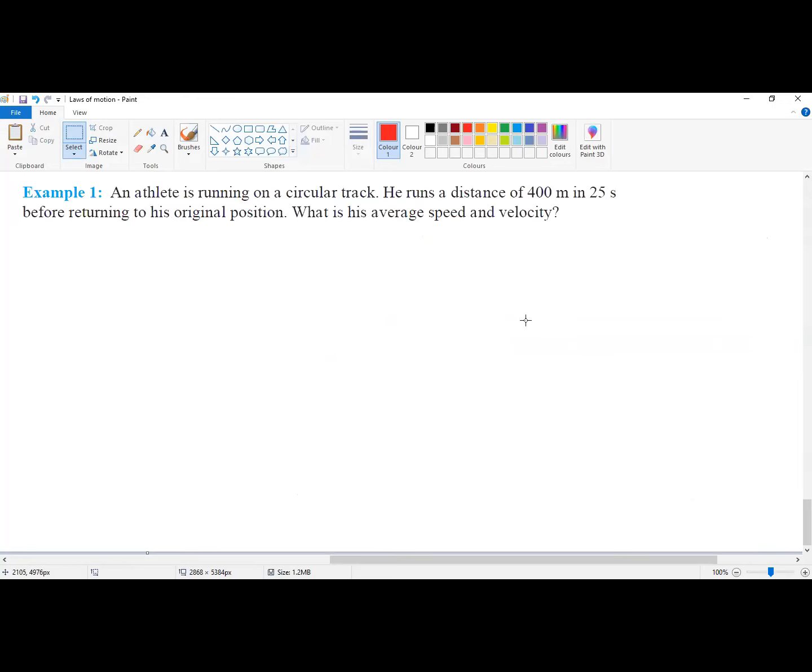Now let's take the example. See what is given. An athlete is running on a circular track. He runs a distance of 400 meters in 25 seconds before returning to his original position. Then what is his average speed and velocity?